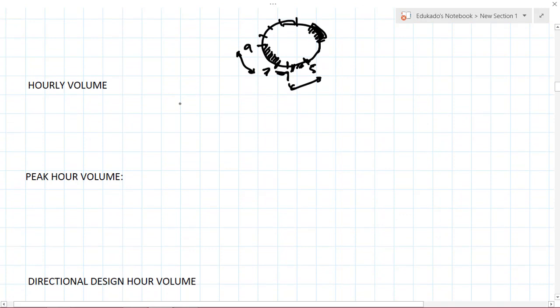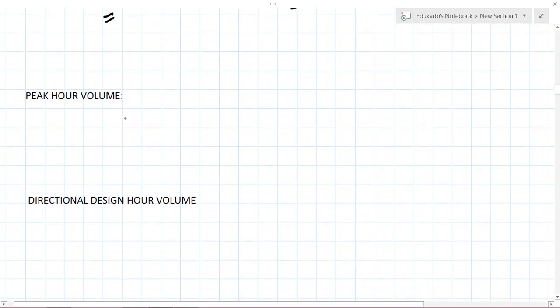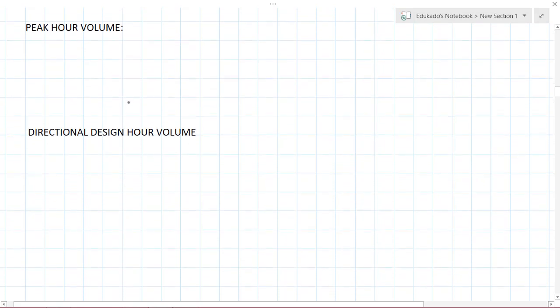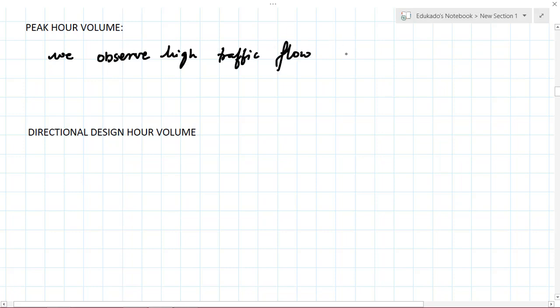So over here we will talk about the hourly volume. The first point is the peak hour volume. What is this? This is when we observe a high traffic flow for a particular hour.